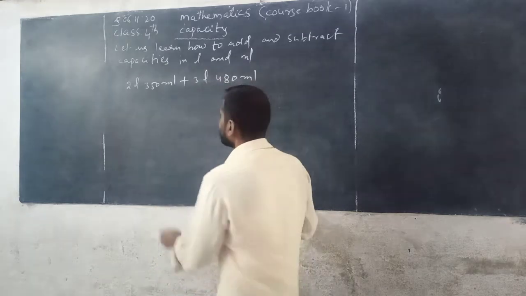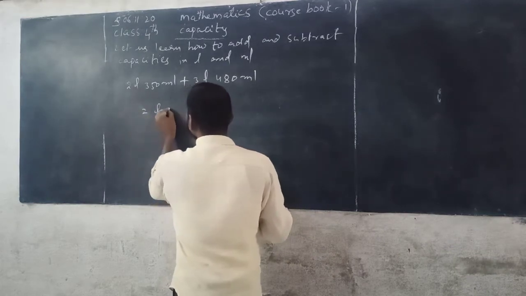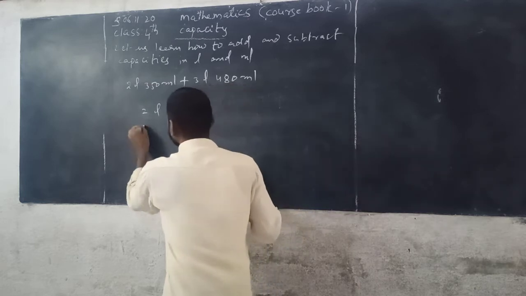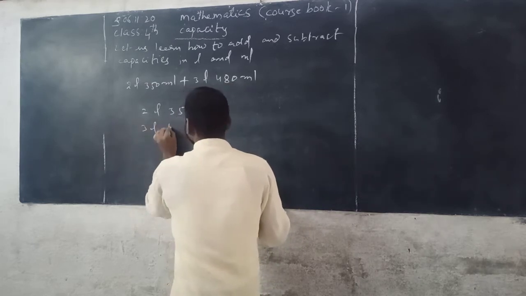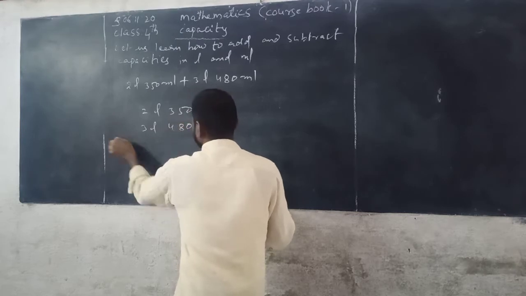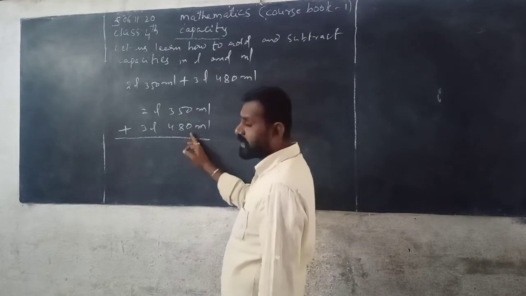See now here, 2 liters 350 milliliters. Next, 3 liters 480 milliliters.